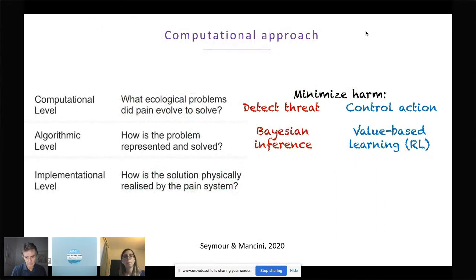Now, just to wrap up, I have proposed that we can take a computational approach as a complementary approach to the traditional approach to mapping the neural correlates of pain, to understand the link between inputs and outputs, and there is some promising evidence that Bayesian inference can describe how threats are detected and predicted, and value-based learning can describe certain aspects of action control.